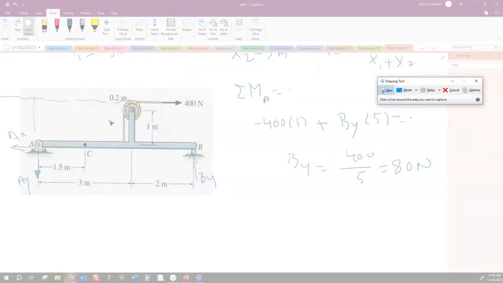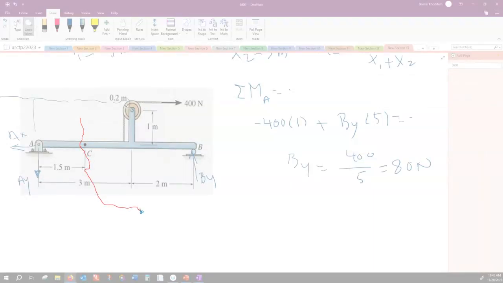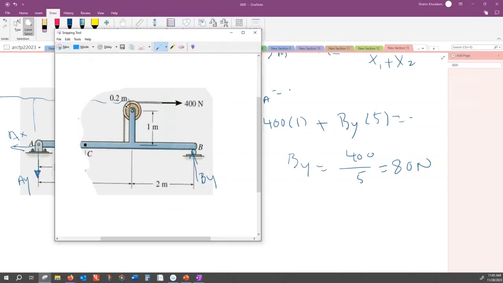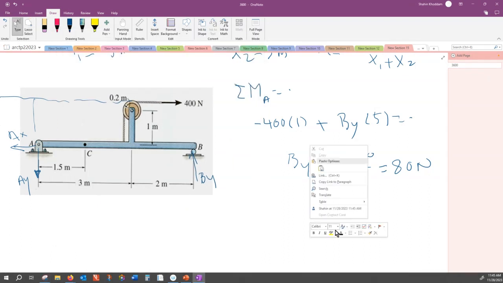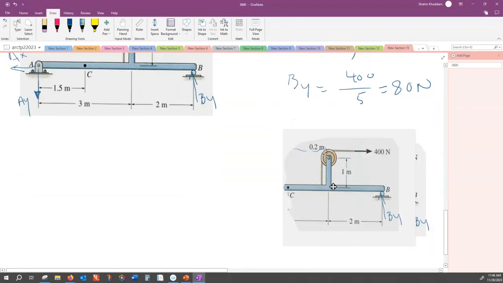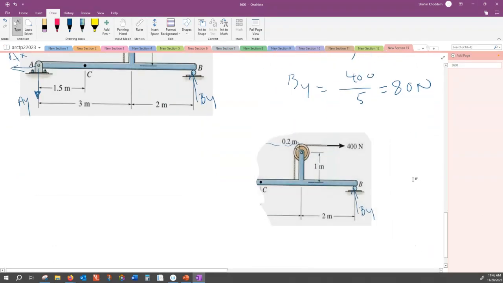So carefully, because I want to find the internal force at C, let me do the cuts from here. Okay, what is missing here? The missing part is, well, By, I already know that this is equal to 80 Newton.